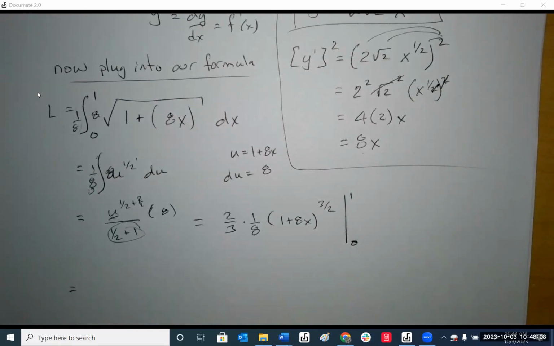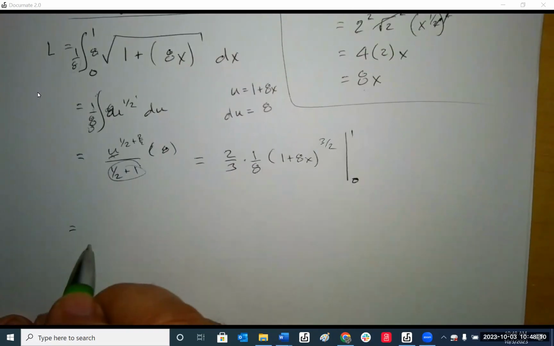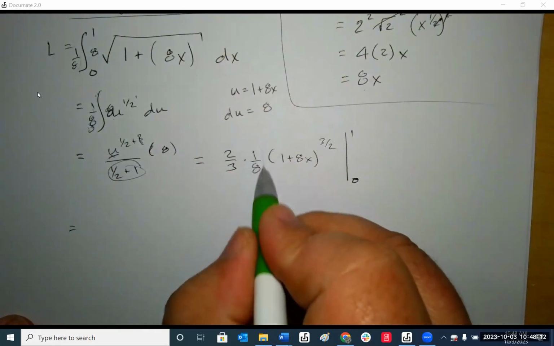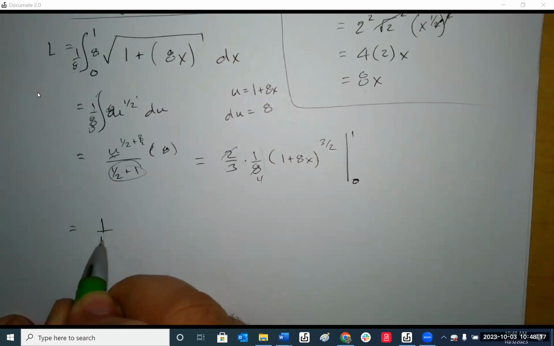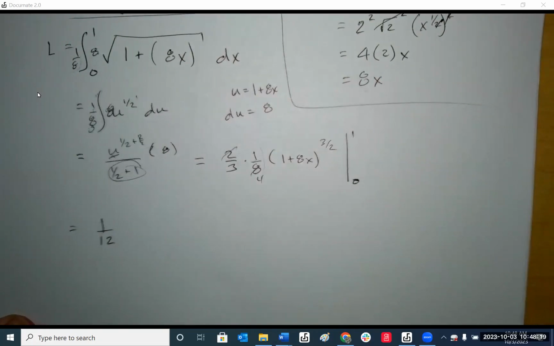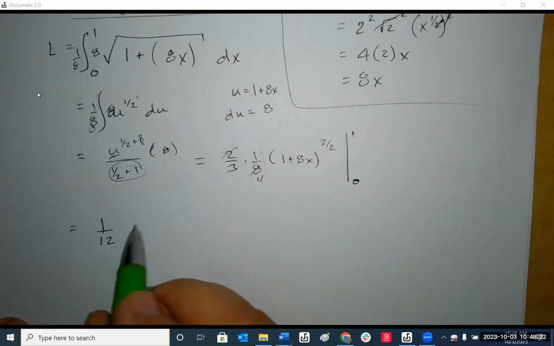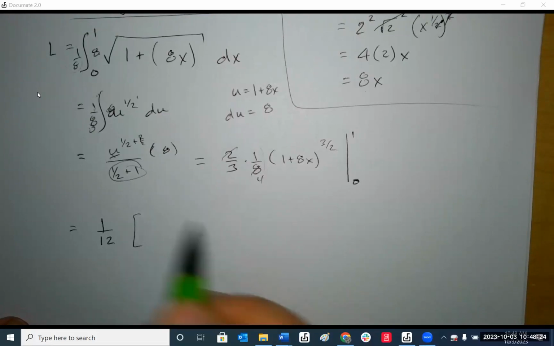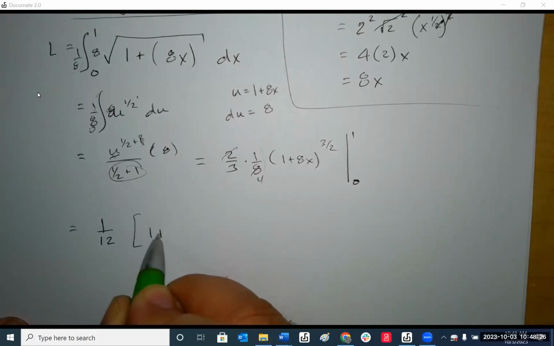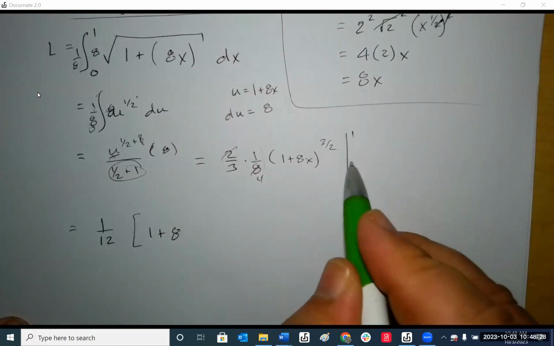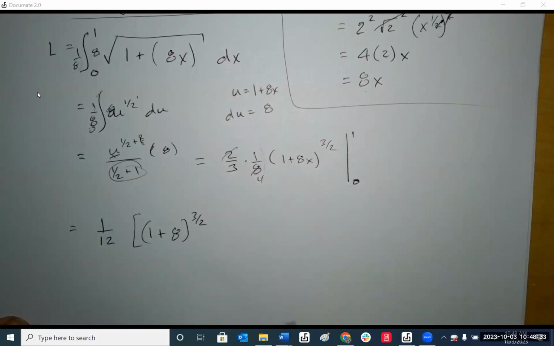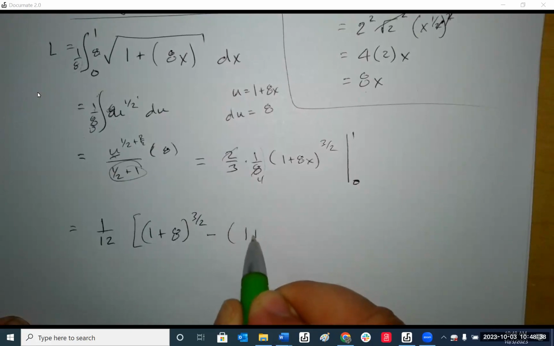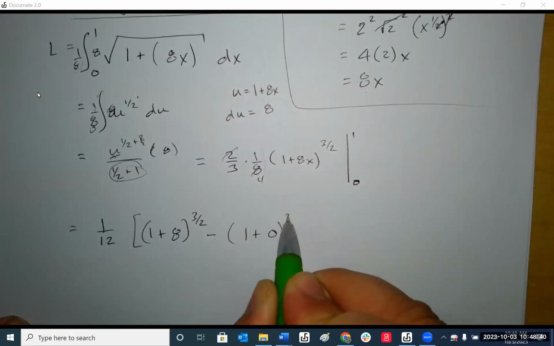Oh, let's look at this. Well, this is a constant. This will cancel, so it's 4. So it's going to be 1/12 times 1 plus 8 to the power 3/2 minus 1 plus 0 to the power 3/2.